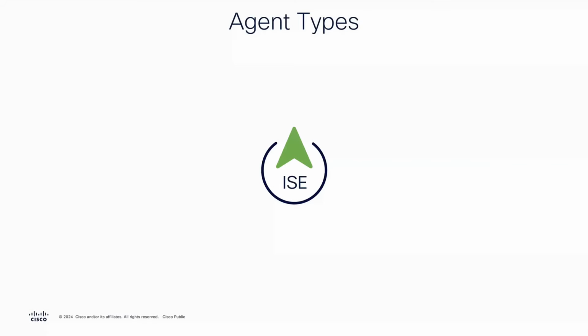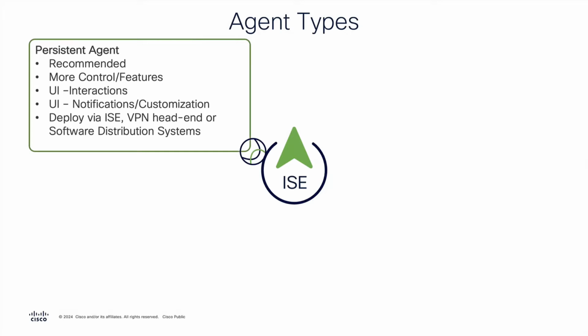Now, what are we deploying? Basically, we are deploying different agents to the endpoints. And what are those different agents supported? Well, there are 4 different agent types supported. One is a persistent agent, which is installed with a UI and which is recommended because of the more control or features offered from it.